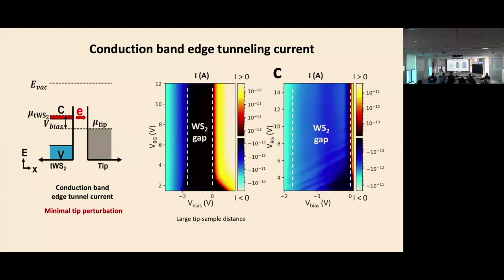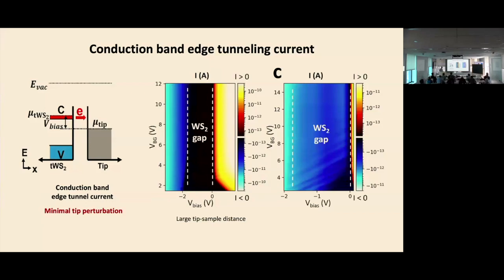When the tip is a little bit far away from the sample and we vary the bias voltage, we see a tunneling current on this side and on that side, and a relatively large gap in the middle. This is very similar to a conventional situation. You can tunnel into the conduction band and valence band, but when the tip chemical potential is inside the gap, you see very little tunneling current.